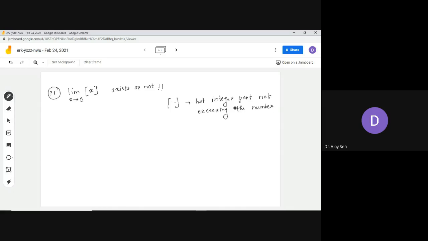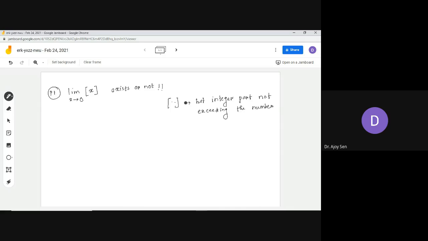Whatever number is there in this box, you should take only the integer part of that number, and remember this integer part should not exceed the value of the number. I have given some examples.